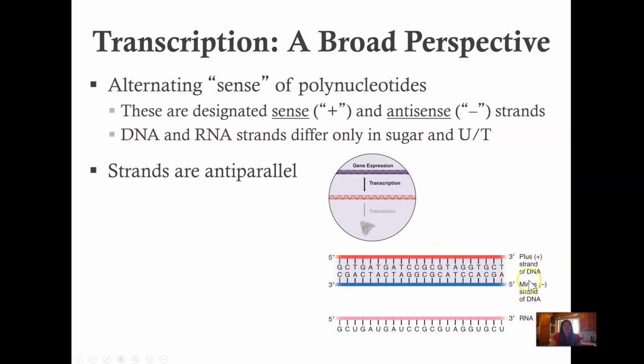In this case it has to be the minus strand, because our RNA is going from 3' to 5' here, so this pink piece of RNA has to be complementary to the 5' to 3' bottom strand, the minus strand in the DNA.